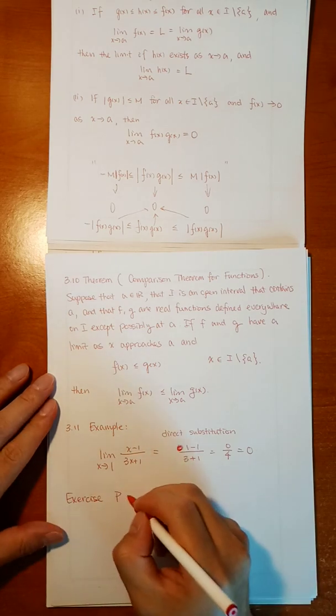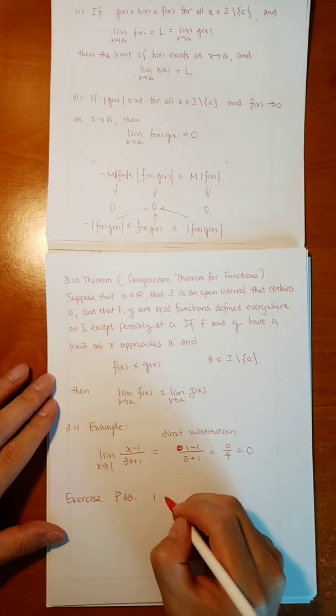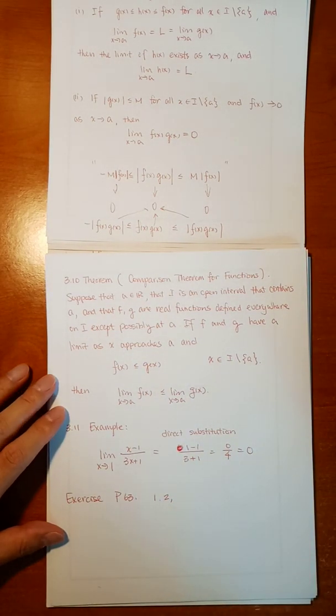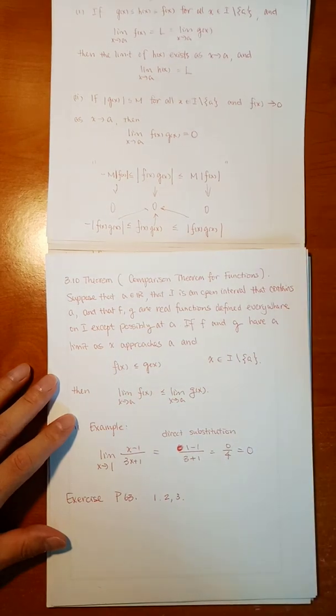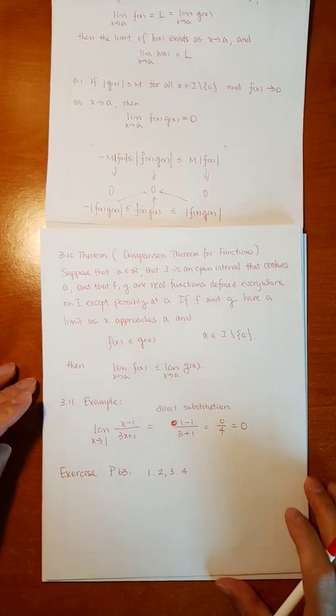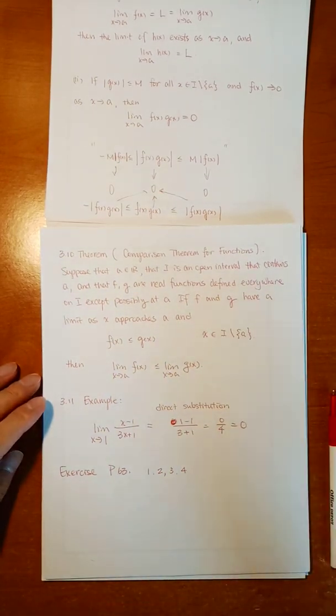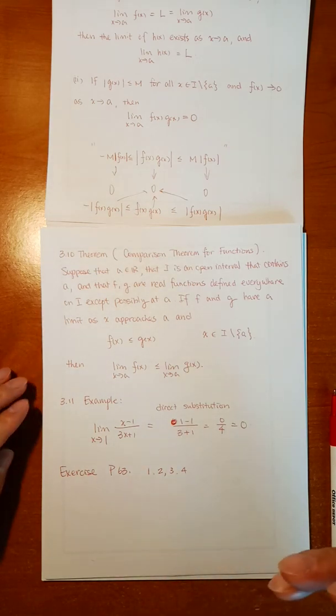On page 63, exercise 1, exercise 2, exercise 3, and exercise 4. Okay, let's just try them: 1, 2, 3, 4. Make sure you understand all the steps. If you have any questions, ask me. Send me an email.